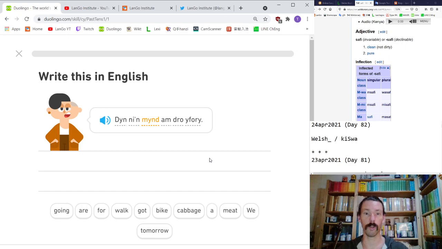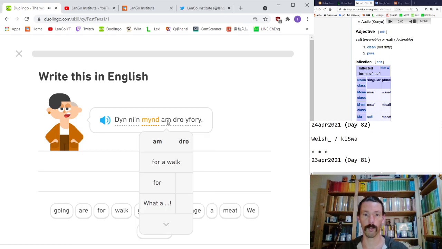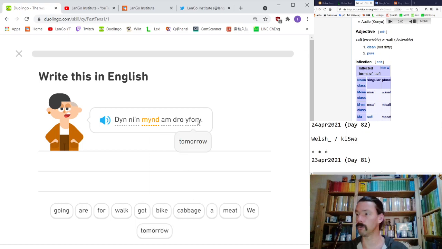Mynd is going. Am dro yfory, tomorrow. Am, for. Dro, return. Yfory.